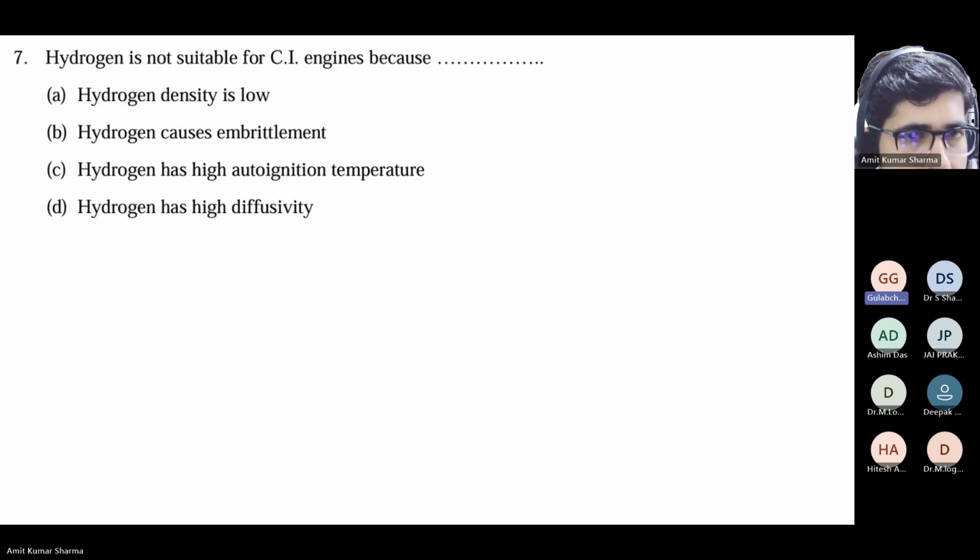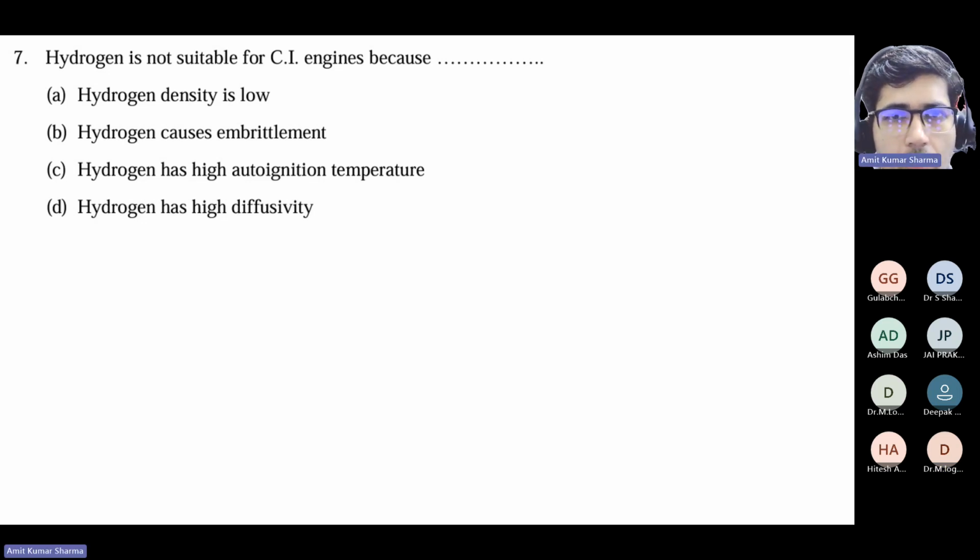An SI engine, spark ignition engine, is normally a petrol engine, whereas a CI engine is a compression ignition engine, which represents the diesel engine. So what are the major differences in both? One of you already said that in this we first compress the air, then inject the fuel, and in the SI engine, what are we doing?